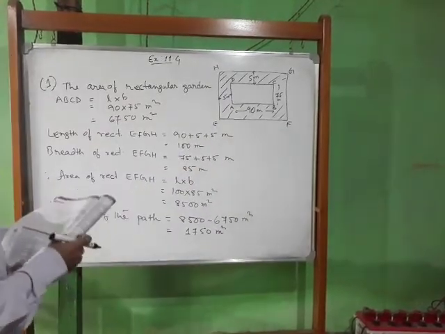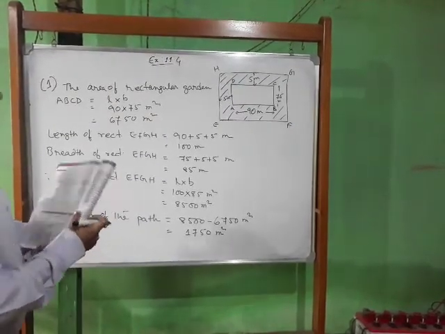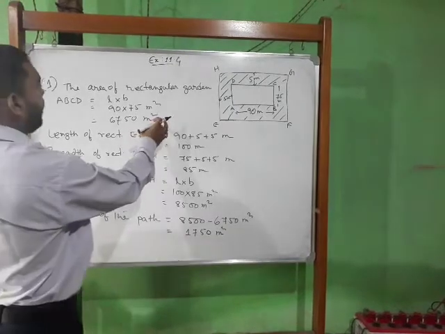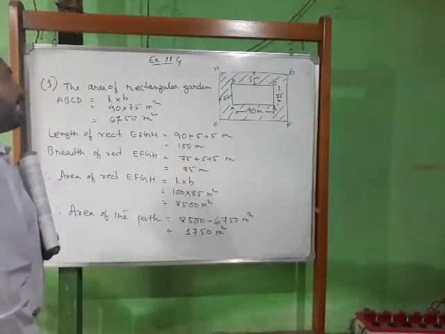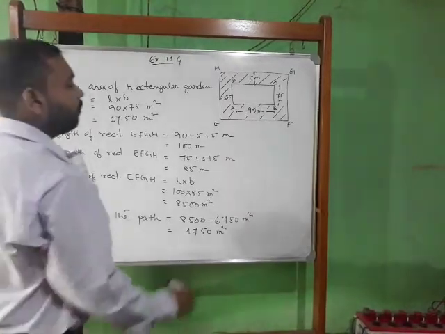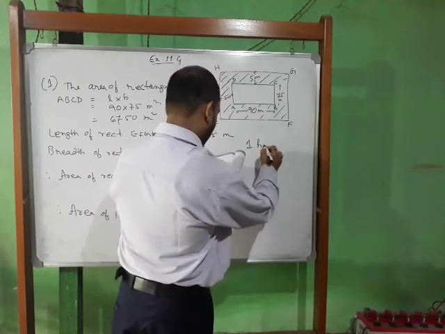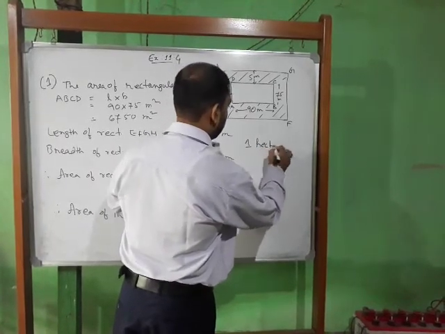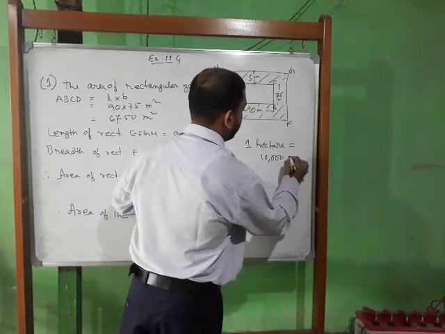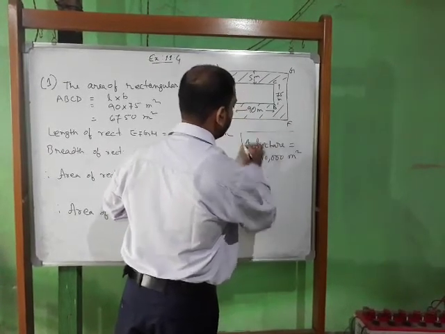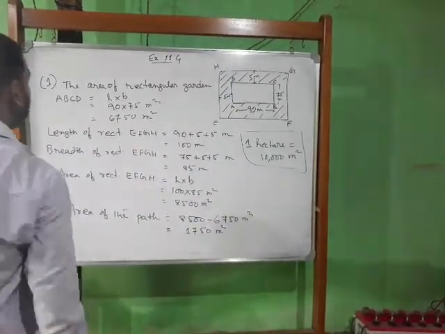Now in the question it is also given, find the area of the garden in hectare. The area of the garden is 6750, and we have to convert this into hectare. We know that 1 hectare equals 10,000 meter square, so we divide by 10,000.